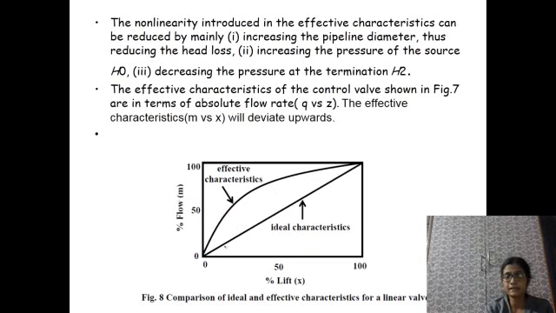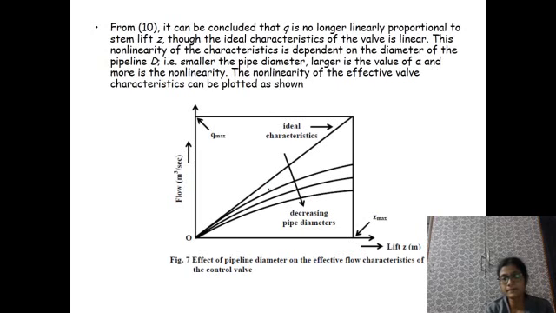The ideal characteristic, which was linearly related, just think about this one. The ideal characteristic looks like this. That was the ideal characteristic, and the real characteristic bends in the downward direction.